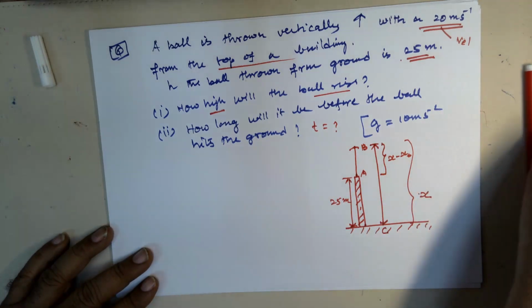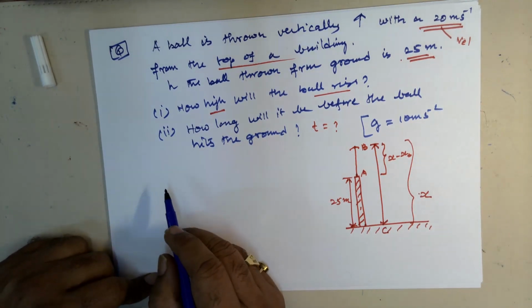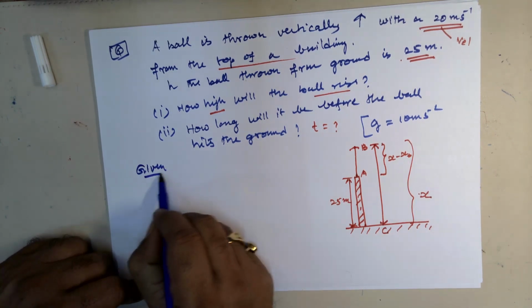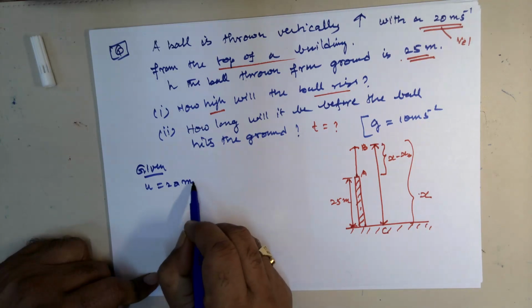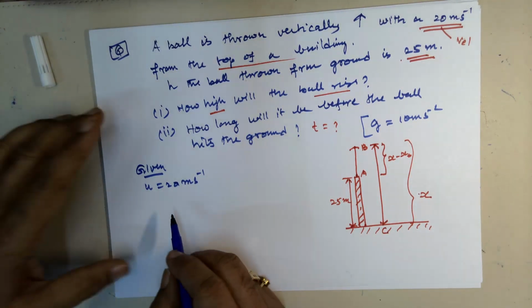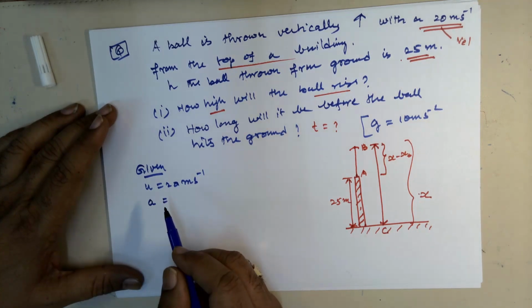Okay, now listen to me carefully. What is the initial velocity given here? U is equal to 20 meter per second. And what is the acceleration should be taken? We have to consider the acceleration.